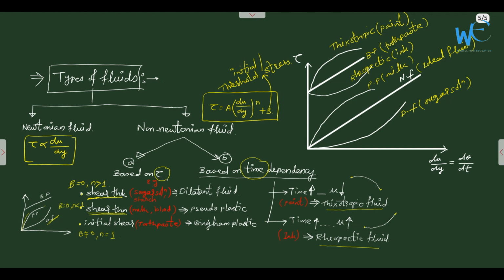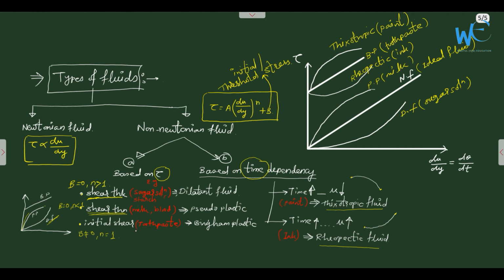In the case of fluids based on shear stress, first one is shear thickening, then shear thinning, and then initial shear. You can remember shear thickening by its example: sugar solution and starch, then shear thinning is milk. Just imagine one glass of milk or one glass of sugar solution, and with the other hand you are stirring it, so you can understand it better.